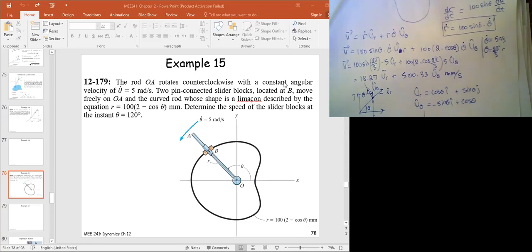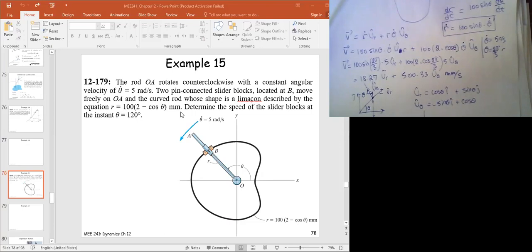Well, here you have a constant angular velocity of theta prime. If you integrate theta prime, you can't really. You have here r as a function of theta, so for you to be able to get the velocities, you will literally have to apply the equation that you have here. Yes, I didn't mean in this example specifically. I meant if we had the time.